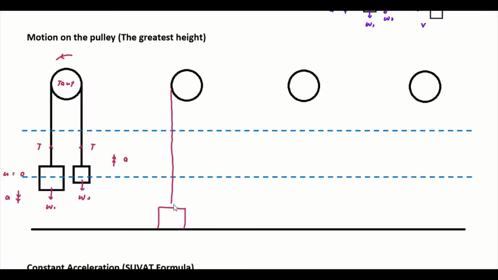This is my particle A, so maybe this is A, this is B. This is my particle A here, then my particle B here will move up and right.